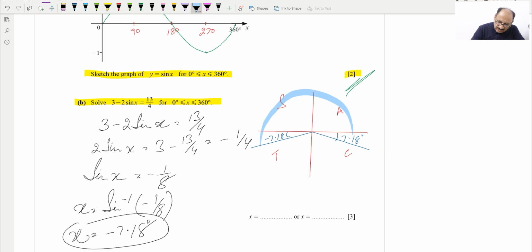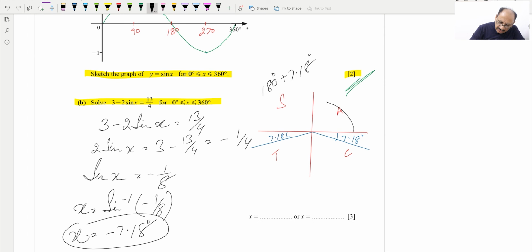Now to check the angle, we have to start from this 0 line, and the first angle will be till here, so this will be 180 plus 7.18. I will remove this minus 7.18. So the angle will be 180 degrees plus 7.18 degrees. Hopefully you are understanding.